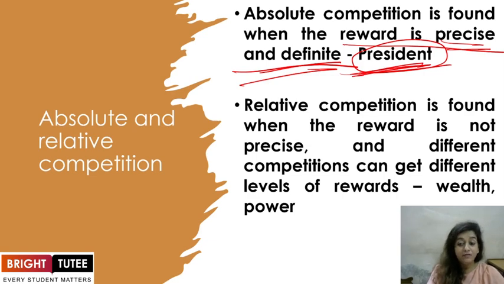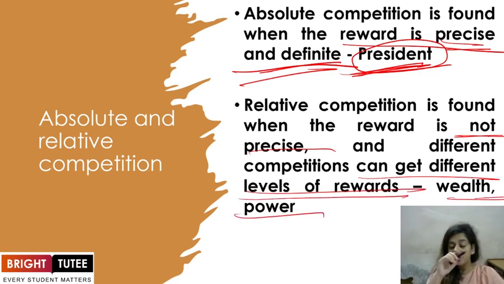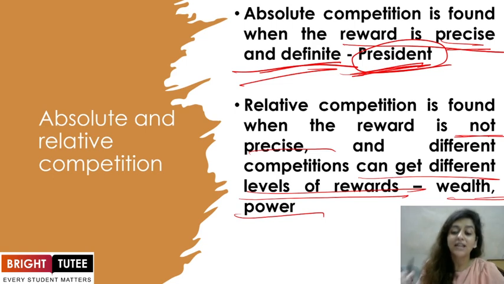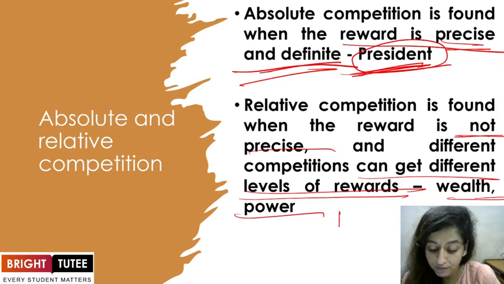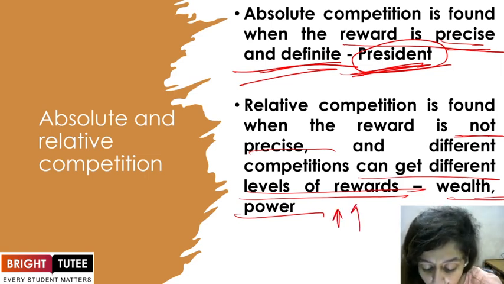Wherein the relative competition is found when the reward is not precise and different competitors can get different levels of reward, for example, wealth or power. If you have reached till this level, this is what you get and this is what you become a part of. So you will get this much of wealth if you are in the competition.